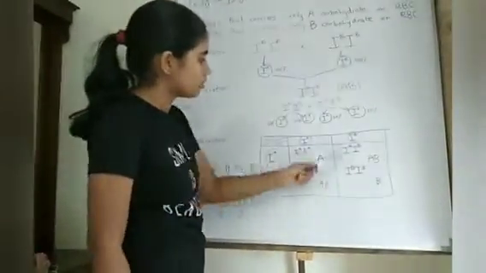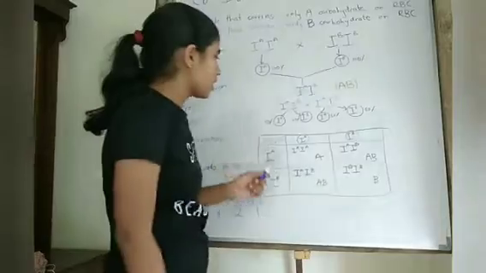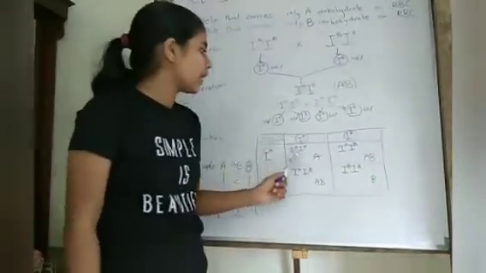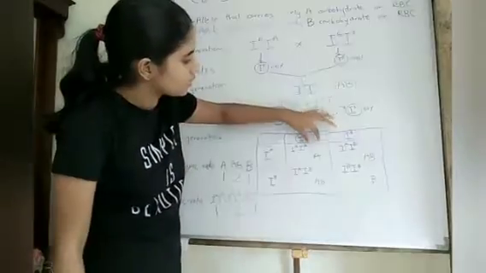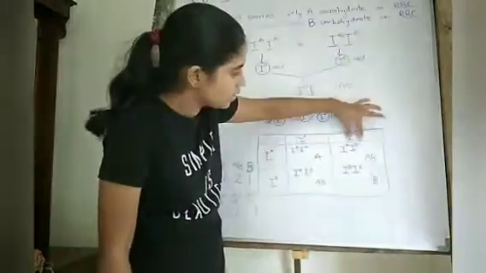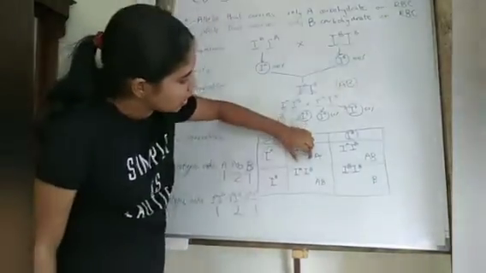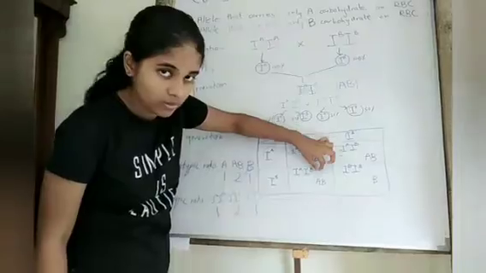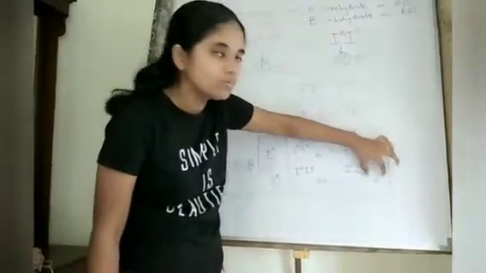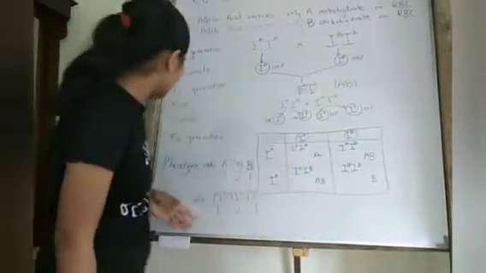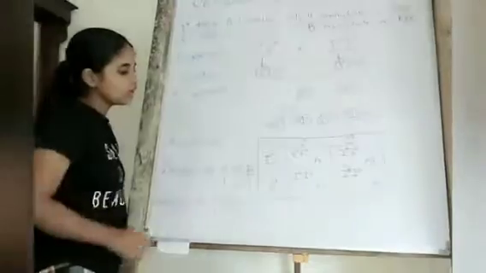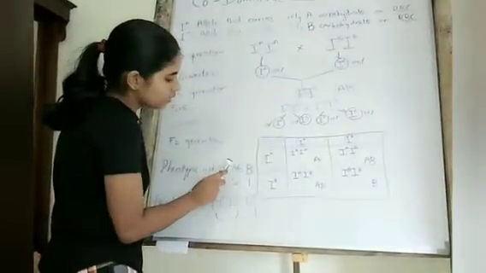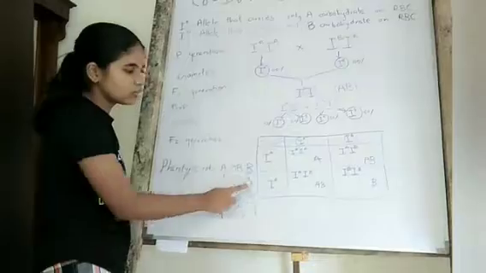So then we have 4 genetic combinations. IA IA gives out A blood group, IA IB gives out AB blood group, IA IB again gives out AB blood group, IB IB gives out B blood group. Then we can write down the phenotypic ratio. Phenotypic ratios are A to AB to B, 1 to 2 to 1.